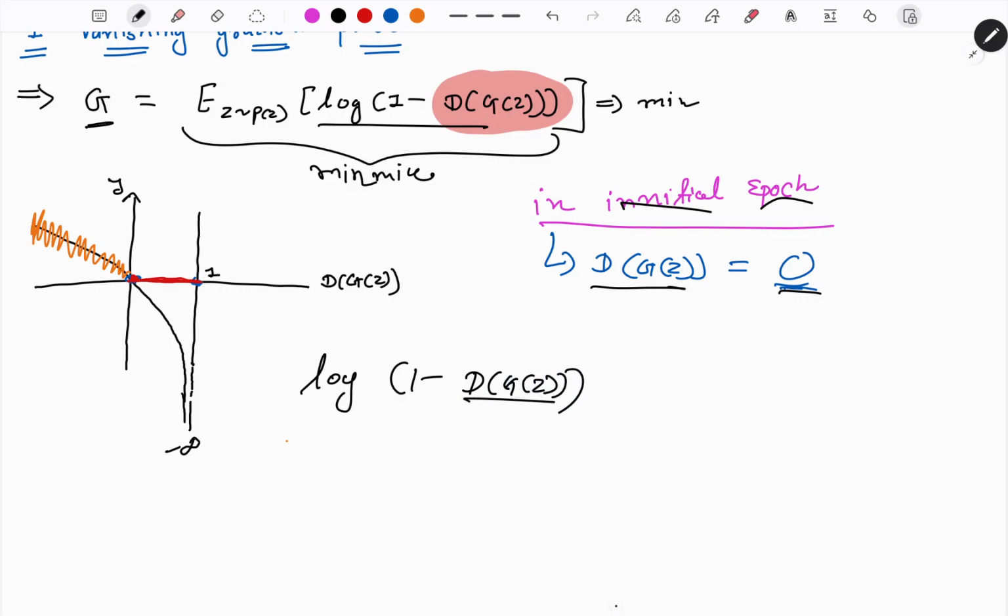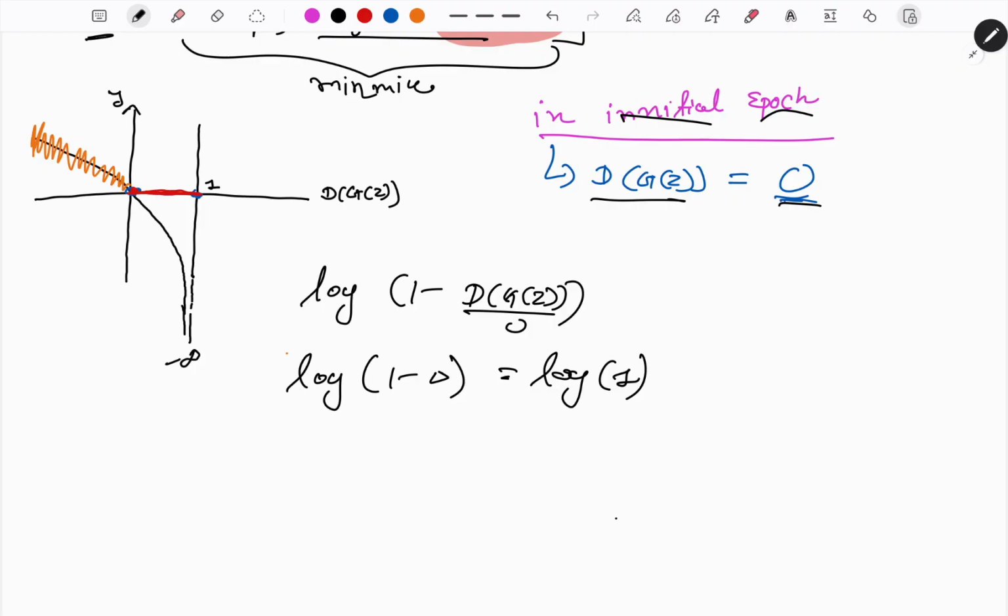In the initial phase this becomes 0, so log of 1 minus 0 is equal to log of 1, and log of 1 becomes 0. So no feedback is provided to the generator.